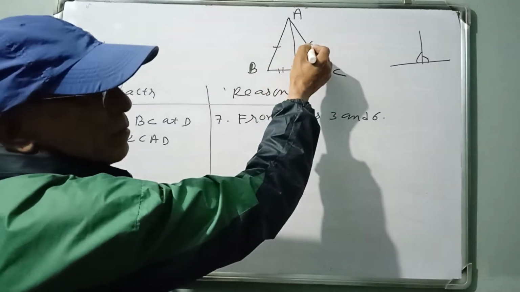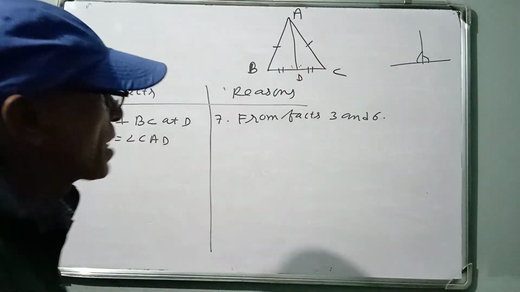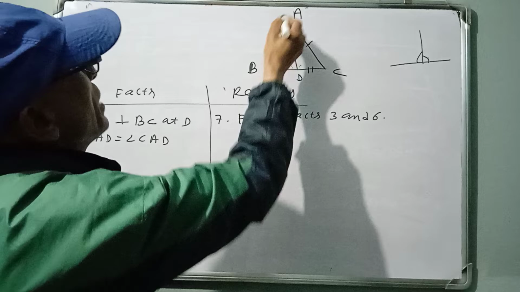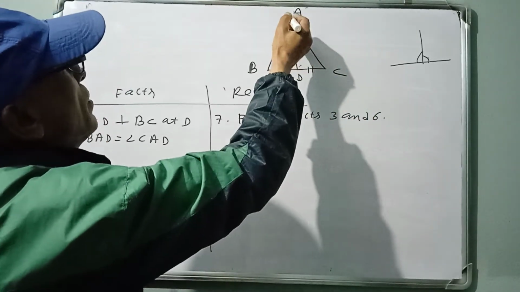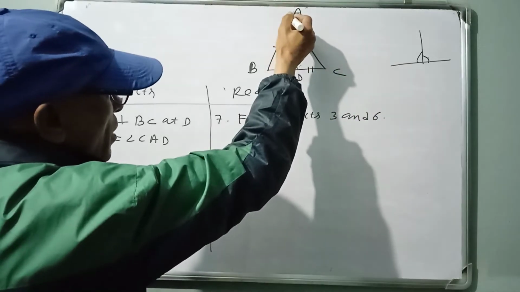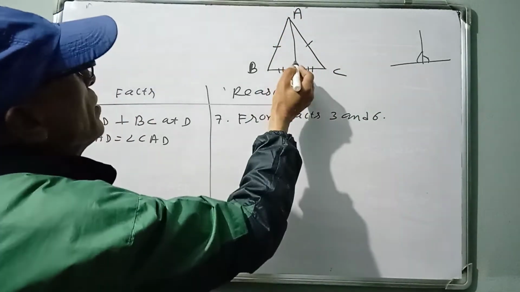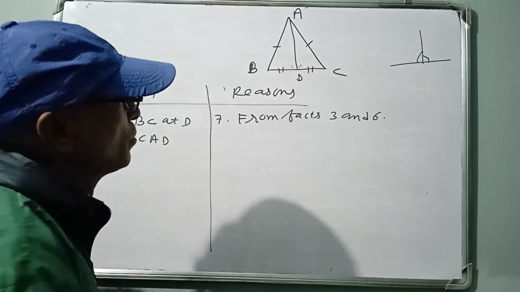AB equals AC, given. BD equals CD, given. AD equals AD, common side. The two triangles are congruent. It means angle BAD equals angle CAD, corresponding angles. Another angle, ADB equals ADC, corresponding angles. These two angles are equal, but the sum is 180 degrees.